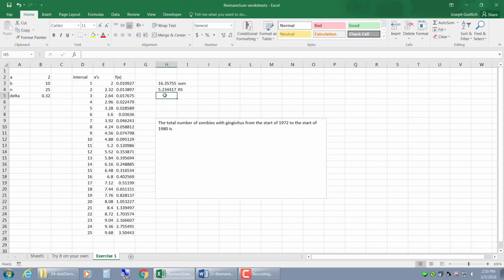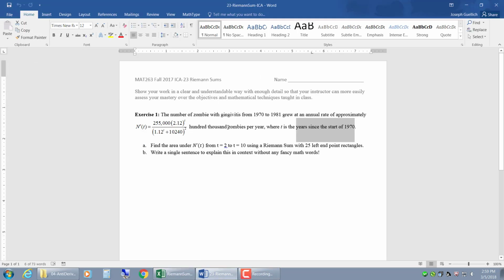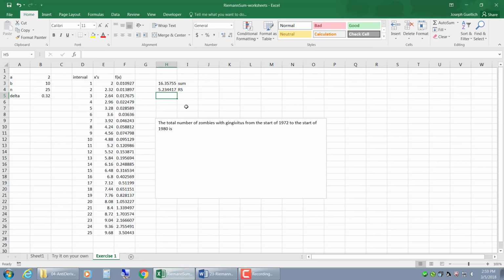So let's take a look at this again. Is it 5.23? Let's look at the units. 100,000 zombies. So make sure you either use that phrase or use your little fancy Excel to multiply it out. And round.